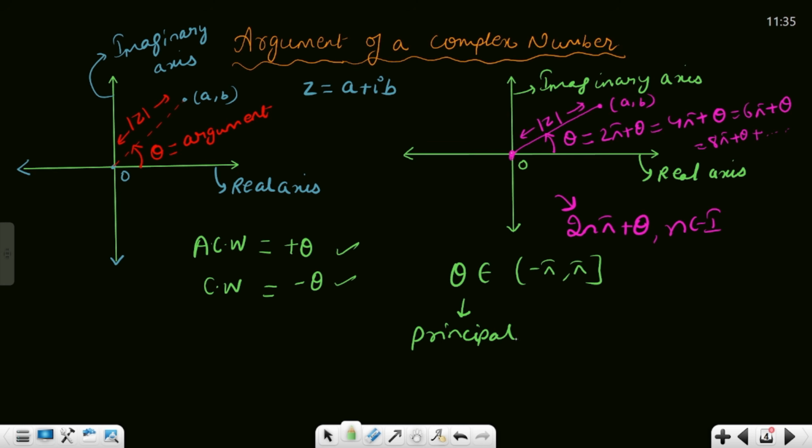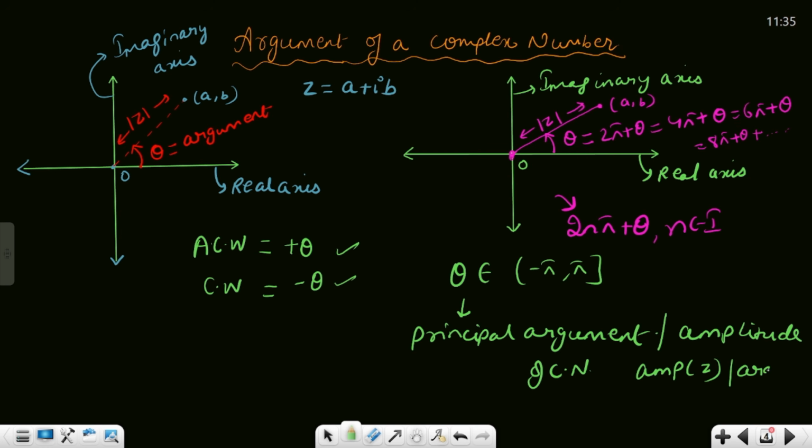If theta lies between minus pi to pi, it is called the principal argument, and it is also called the amplitude of a complex number. Here we can write amplitude of z or arg of z, same thing.